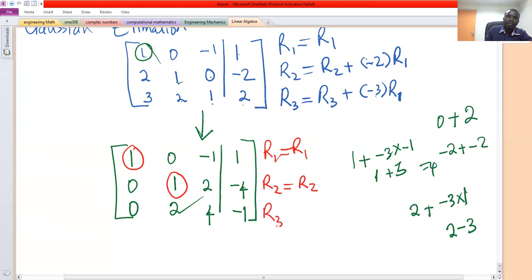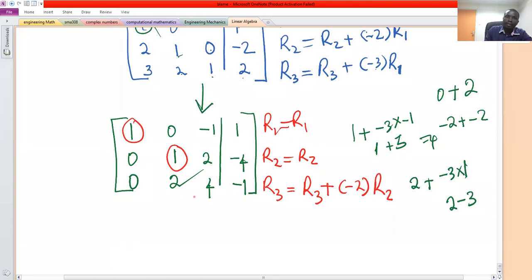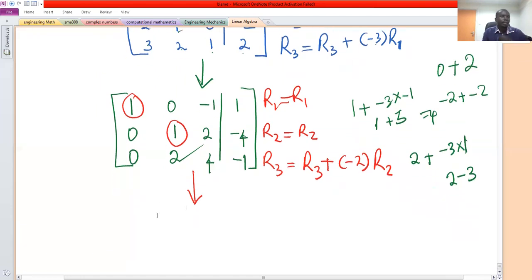And then row 3 will be row 3, because I expect this to be 0, I'll say plus minus 2 row 2. Now that will lead us to 1, 0, negative 1, and 1.